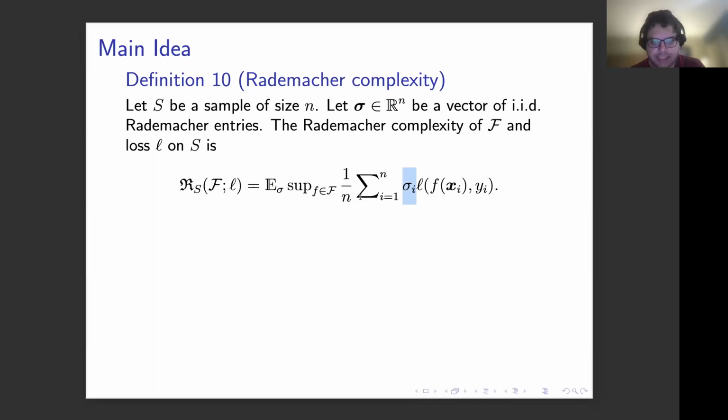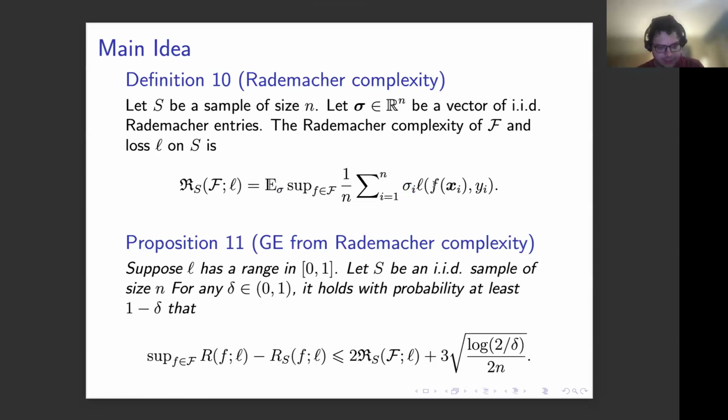Right, so the expected maximum of Rademacher-twisted sum of losses. Okay, so the point is that this Rademacher complexity gives an upper bound on the generalization error. So this is a standard result. Everything on these last few slides is standard and known.